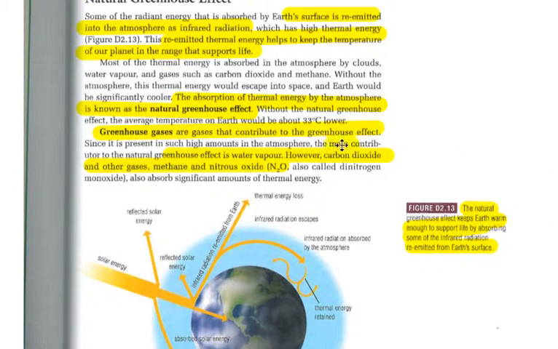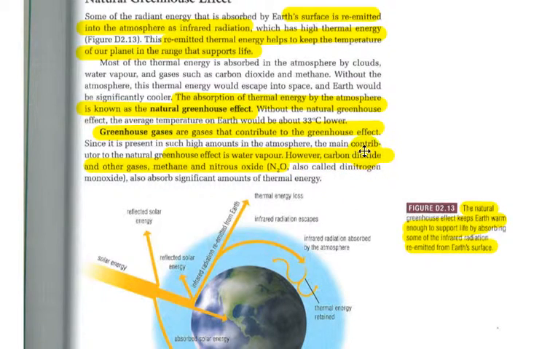The absorption of thermal energy by the atmosphere is known as the natural greenhouse effect. Without the natural greenhouse effect, the average temperature of the Earth would be about 33 degrees lower. Greenhouse gases are gases that contribute to the greenhouse effect, so those gases that help absorb energy and keep the energy in towards the Earth. Since it is present in such high amounts in the atmosphere, the main contributor to the natural greenhouse effect is water vapor.